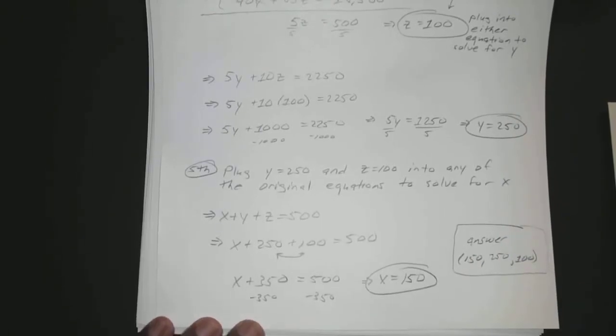So we have three variables, that's how it's set up. All right, any questions on that one?